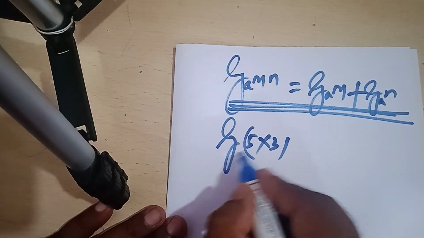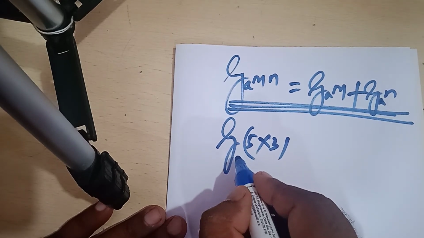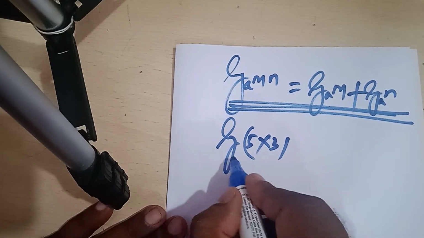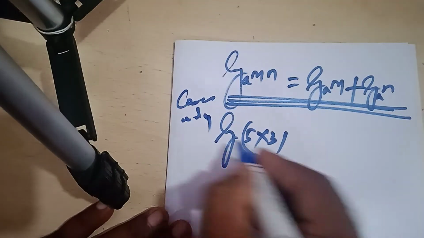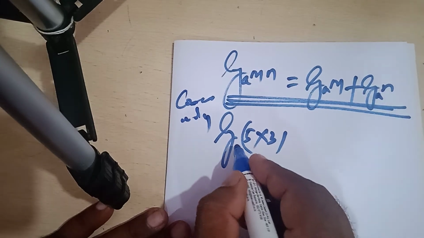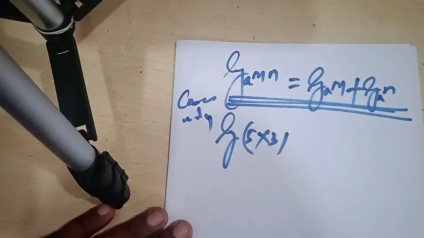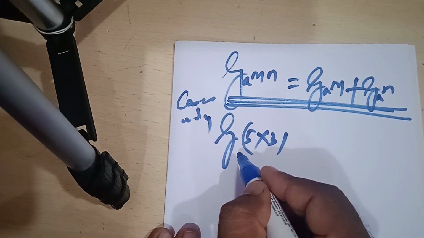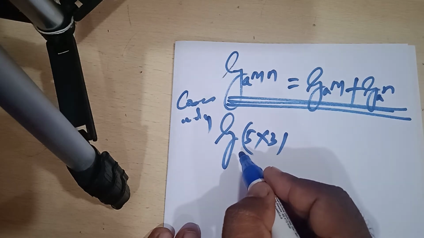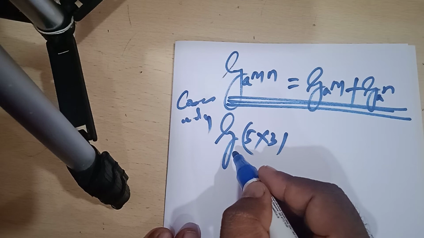If the base is not given, it is assumed that the base is 10. If the base is 10, it is called common logarithm. So if no base is written, then you can assume that it is a common logarithm.